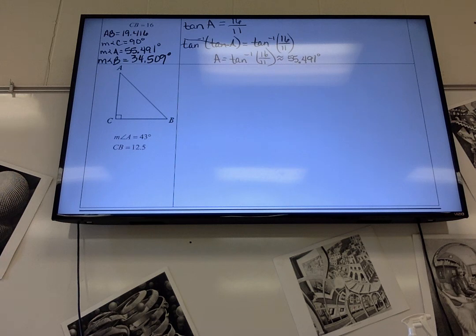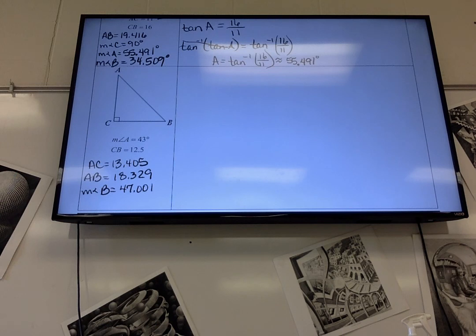And they don't have to be gotten in this order. And then, of course, angle C is 90.